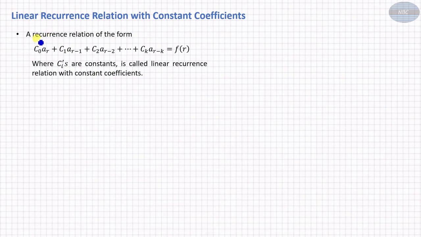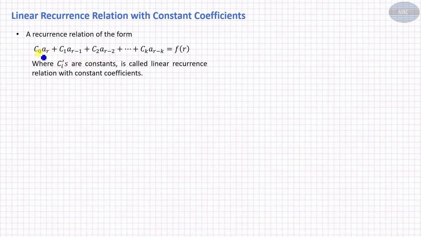Come to the definition. A recurrence relation of the form C0 a_r + C1 a_(r-1) + C2 a_(r-2) + ... + Ck a_(r-k) = f(r), where the right-hand side is a function of the variable r and the Ci's are constants.